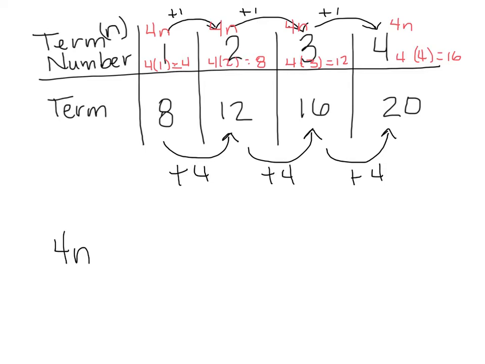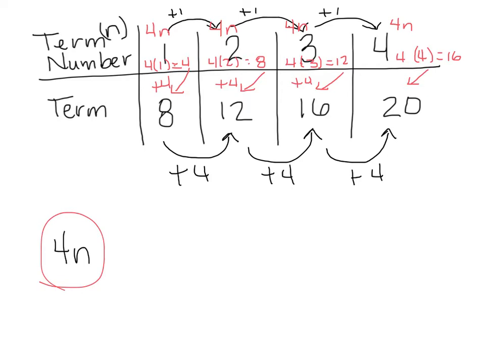So actually what's happening is my terms each time are increasing 4 more than what my expression is implying. That is consistent each time.